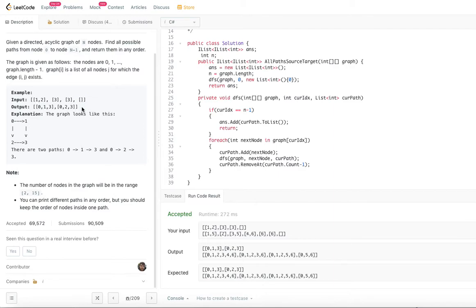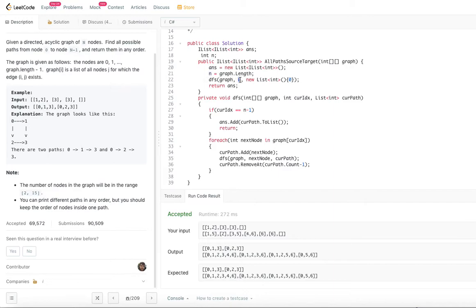So now what we are going to do is the DFS. That is the graph that we are given, and we are declaring an answer. This is the list of all paths that we are going to return, and then there is n, a variable for the count of the number of nodes in the graph, right? And then we are going to do the DFS. We know the start node and the end node. The start node is 0, that's what we said.